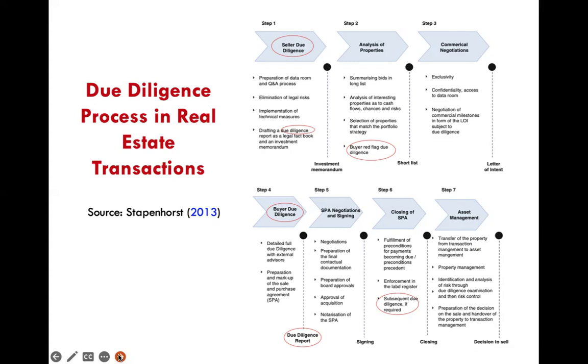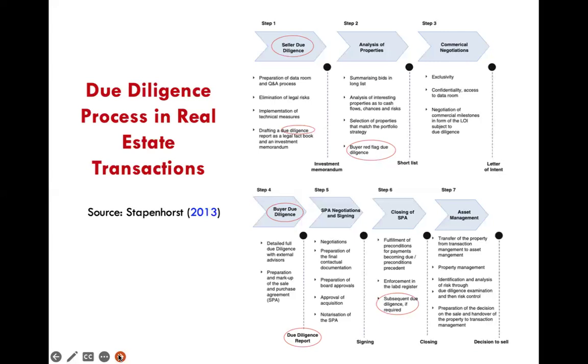And the reason why they do the due diligence is to inform them about the true state of the property they wish to sell, right? And so after the due diligence has been conducted, it helps to generate enough information that can be used in the preparation of the investment memorandum, which will subsequently be shared with potential buyers.